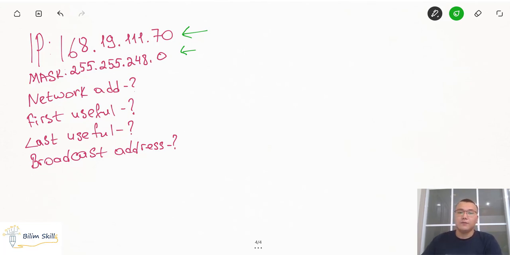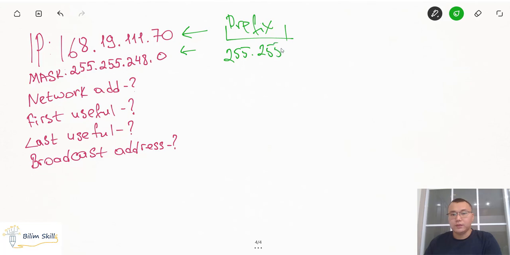How to find them? First of all, we have to find the prefix number. To do that, we have to work with the subnet mask. Here we can see that the first octet is already full, so we will leave it.